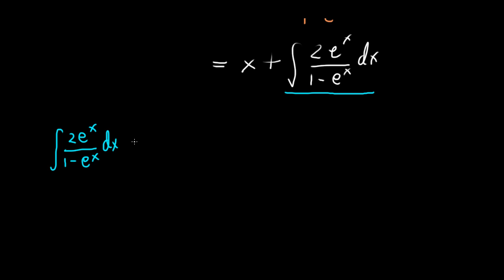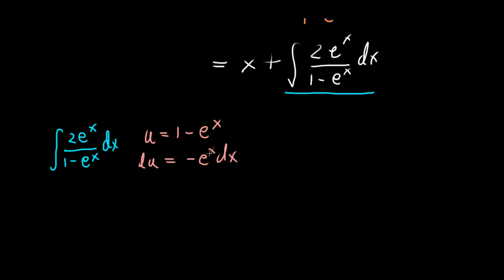And this is a classic u substitution problem, because in the denominator I have 1 minus e to the x, whose derivative is minus e to the x, right? So let me substitute u to be 1 minus e to the x. So du will be minus e to the x dx.